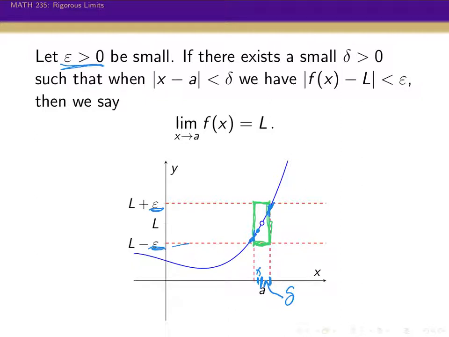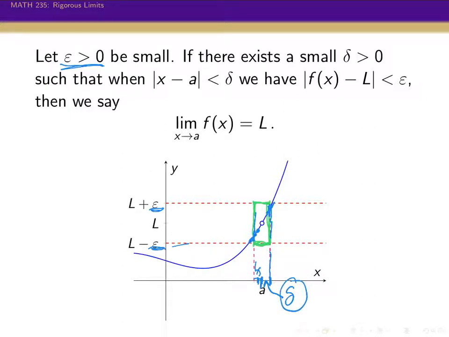And then once we had these red lines, we were able to find these vertical lines going around a, such that the value of the function stayed between L plus epsilon and L minus epsilon between these two lines. And then the distance away from a of these lines, that's our delta.